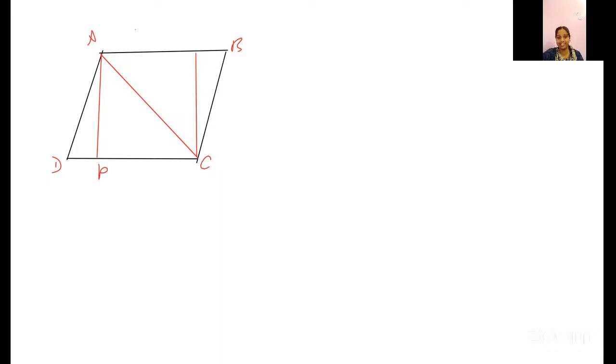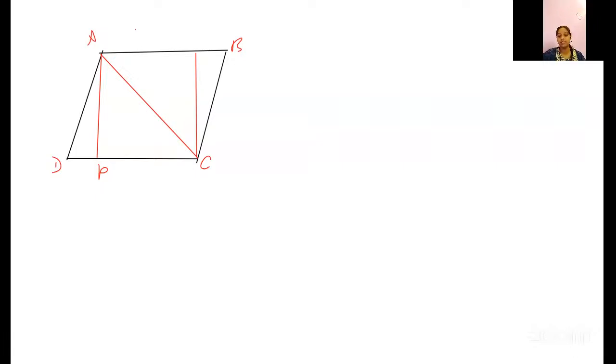No, I'm not explaining that right now. After class, go home and try to make a parallelogram and then make 10 triangles in it, okay? But right now, understand how the formula is derived, okay?